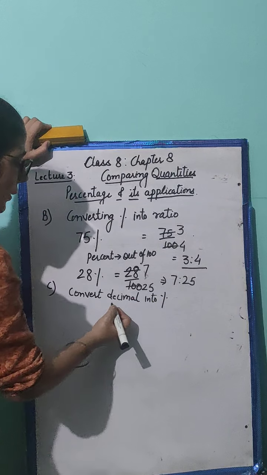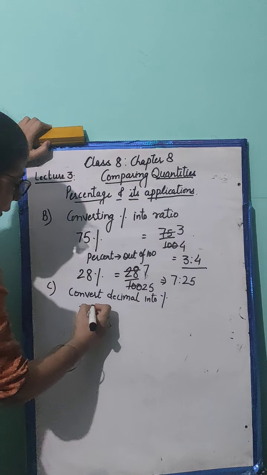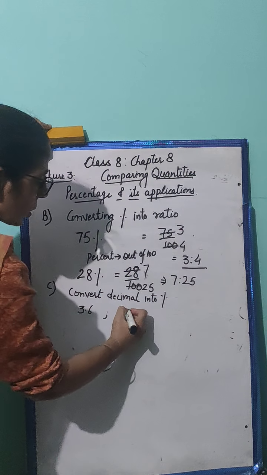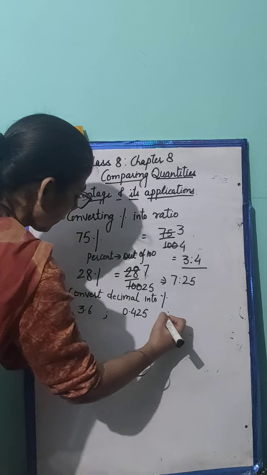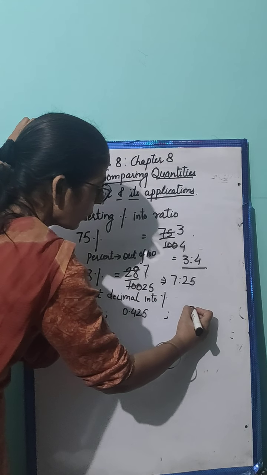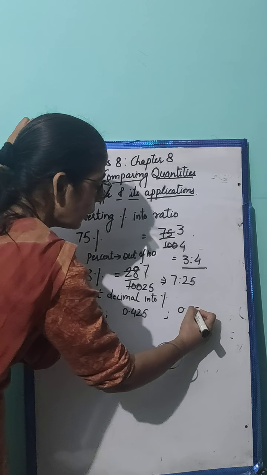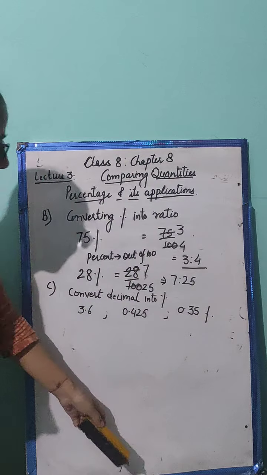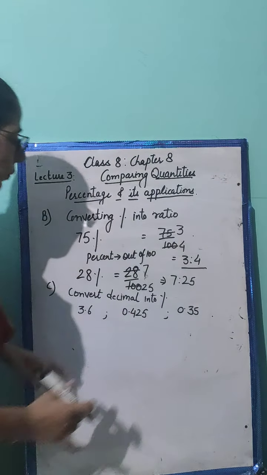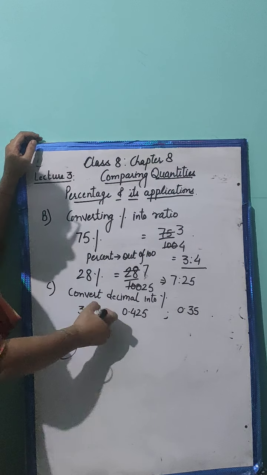I am taking 3 example decimals: 3.6, 0.425 and the third one is 0.35.